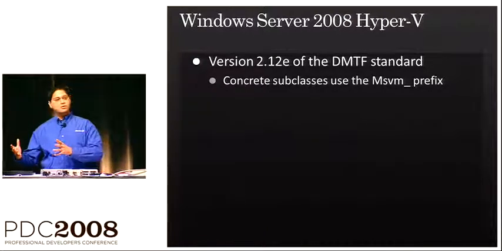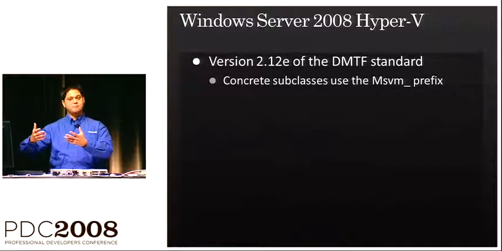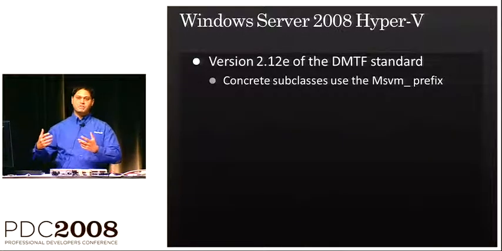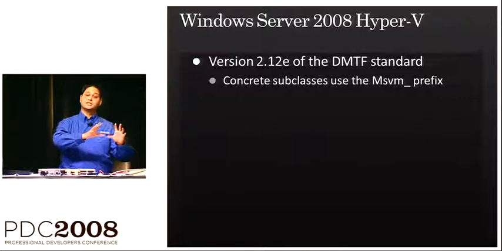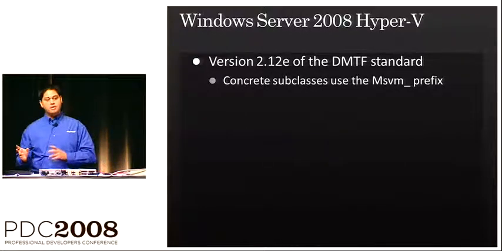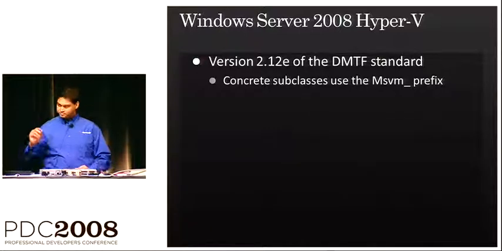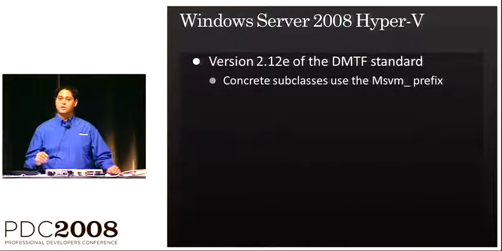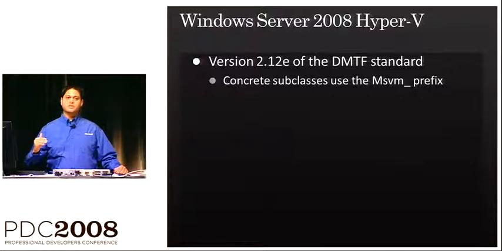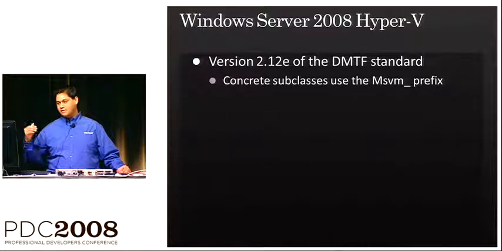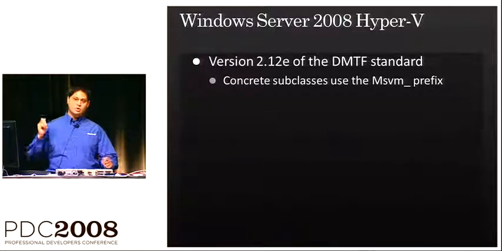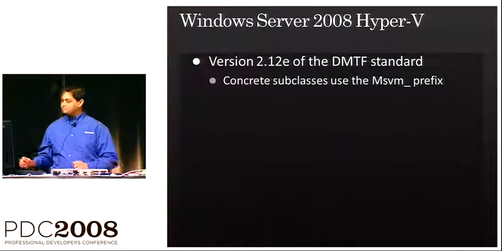The CIM underscore classes are the ones defined by the DMTF, and those we basically treat as abstract classes, so they're never actually implemented. The MSVM underscore classes are actually used for the concrete implementation. So those are the ones that will actually be used by you when calling our APIs directly.